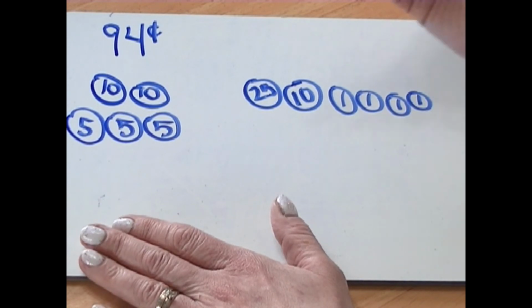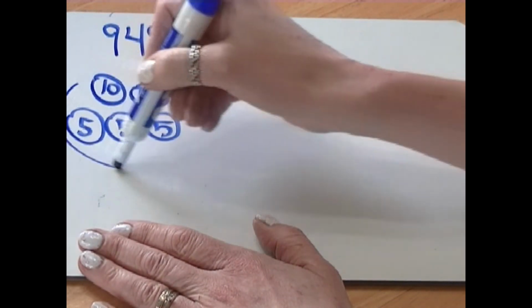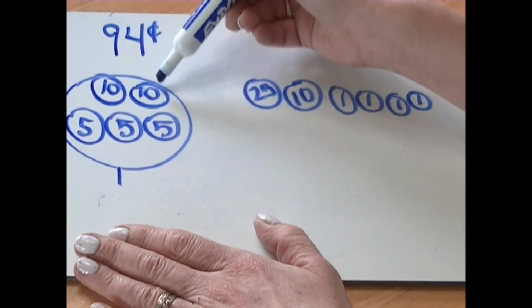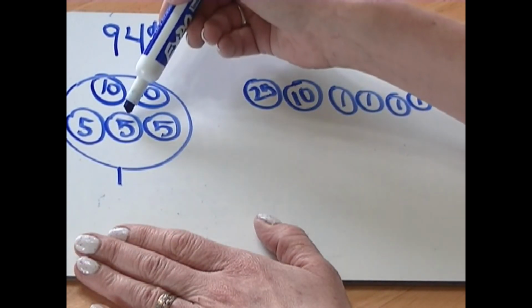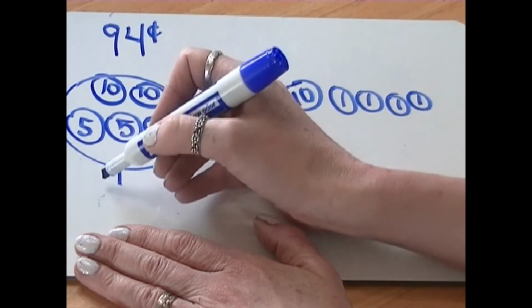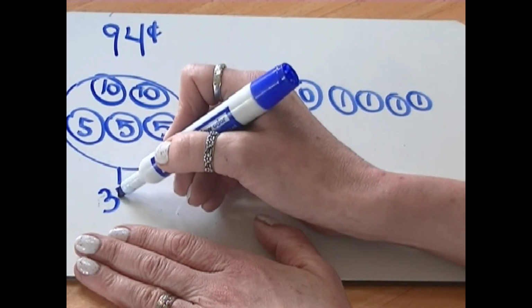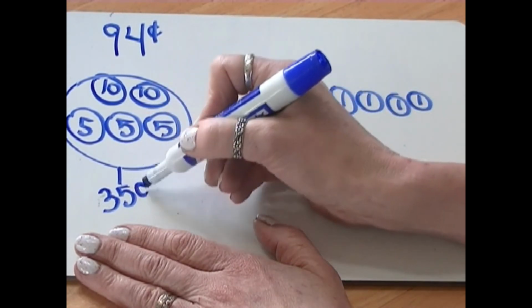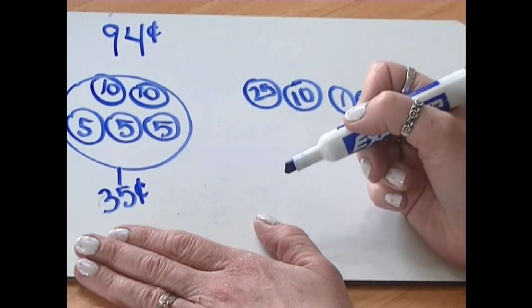So let's figure this out. Let's add all this up and figure out how much it equals. Here we go. 10, 20, 25, 30, 35. So this was 35 cents. So on Monday, Miles the Moose paid Seymour 35 cents. Don't forget to label it.